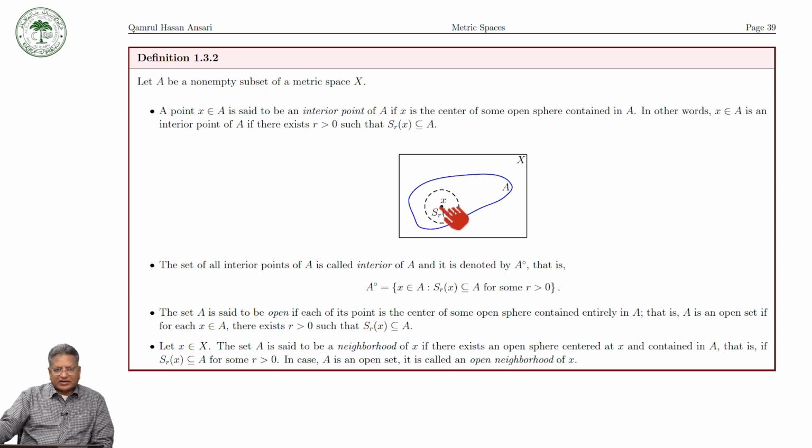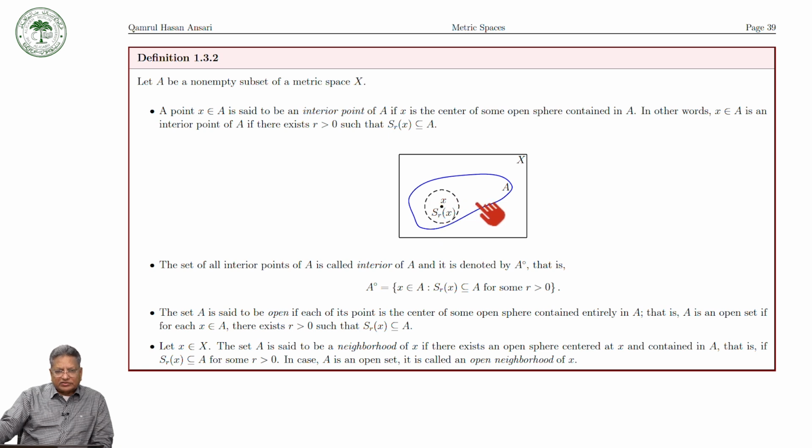This point x is called an interior point of the set A if it is the center of some open sphere contained in it. In other words, if there exists r greater than 0 such that S_r(x) lies within A.